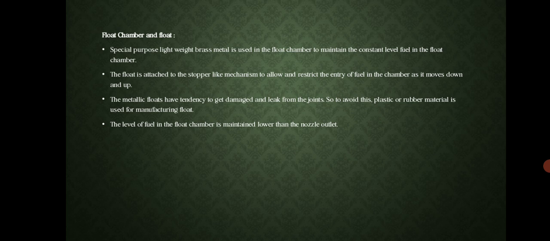The metallic float has a tendency to get damaged and leak from the joints. So to avoid this, plastic or rubber material is used for manufacturing the float. The level of fuel in the float chamber is maintained lower than the nozzle outlet.